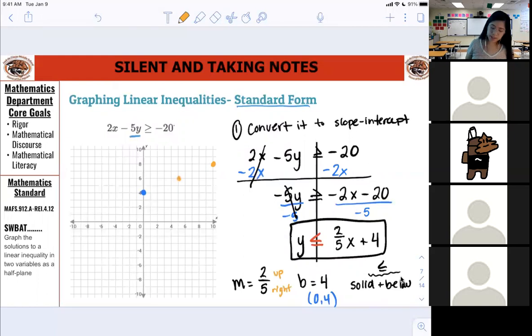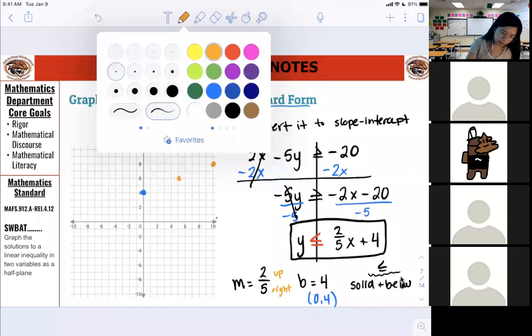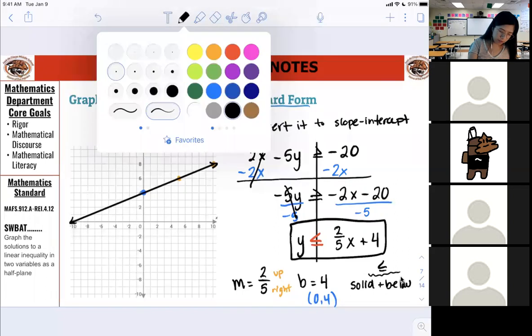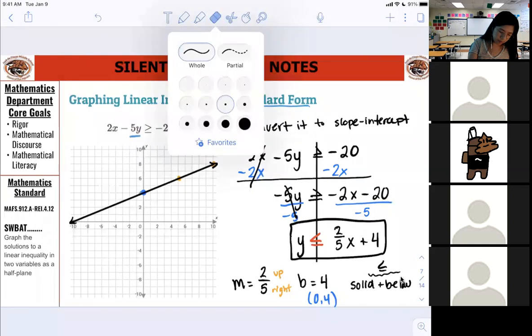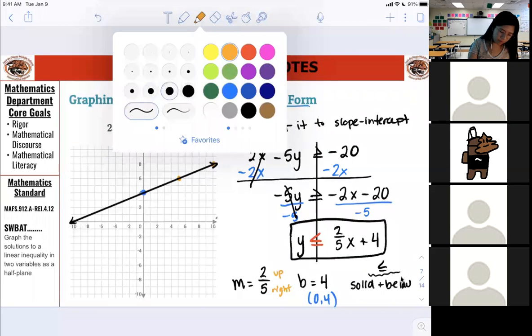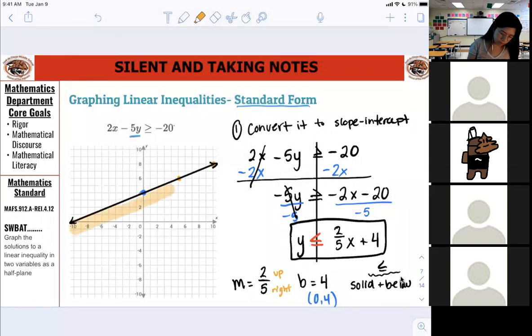I have my dots. Now I can make my line. It's going to be a solid line, so that's nice because I can make it nice and straight. Perfect. There is my line, and I'm shading below. So there is my inequality.